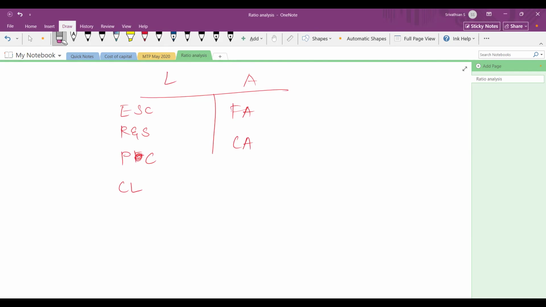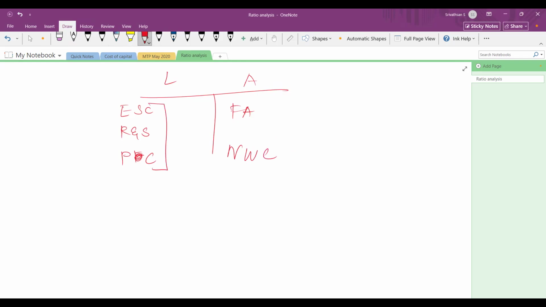Now, instead of writing this current liability here, I can write current asset minus current liability. Liability side, I'm reducing the current liability amount. Asset side also, I'm reducing the current liability amount. Still, the balance sheet is not affected. What is current asset minus current liability? Net working capital.